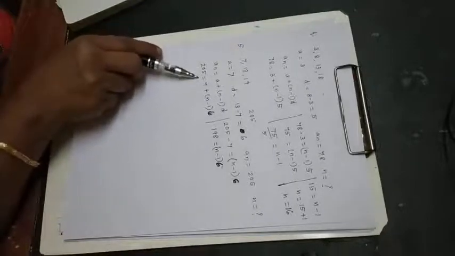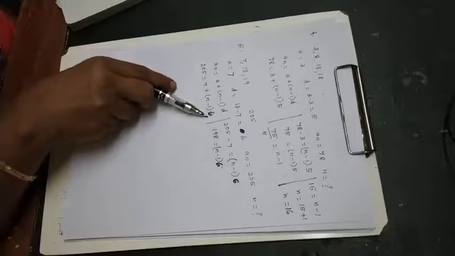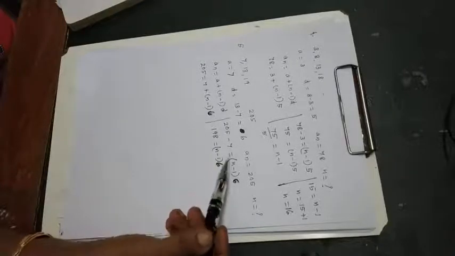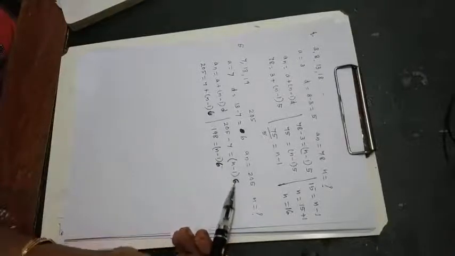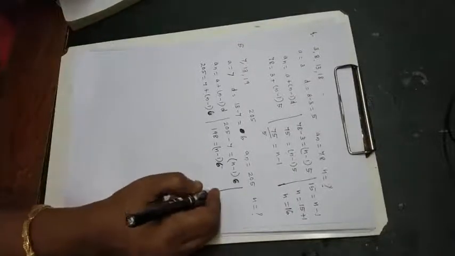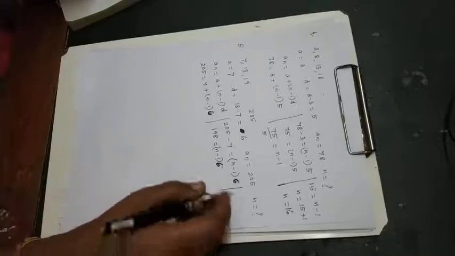So 205 is equal to 7 plus n minus 1 into 6, or 205 minus 7, that is equal to n minus 1 into d, that is 198 is equal to n minus 1 into 6.